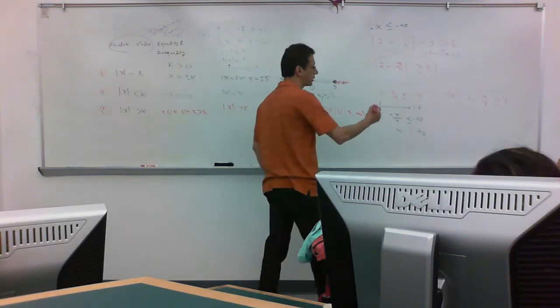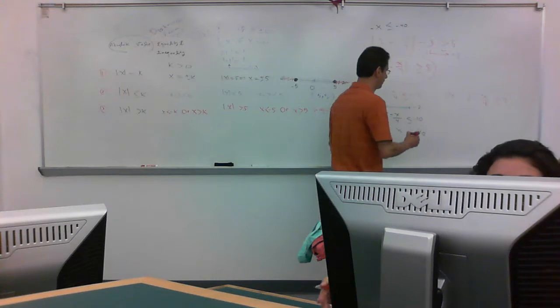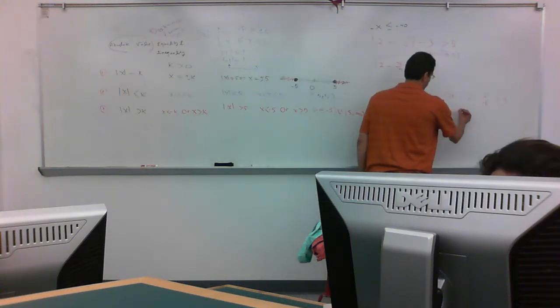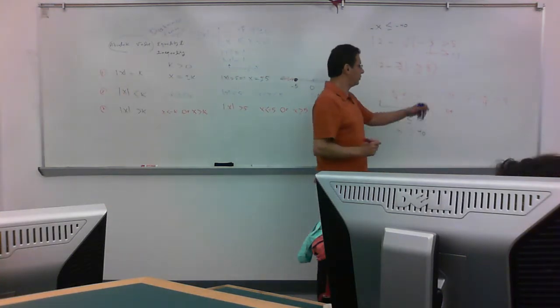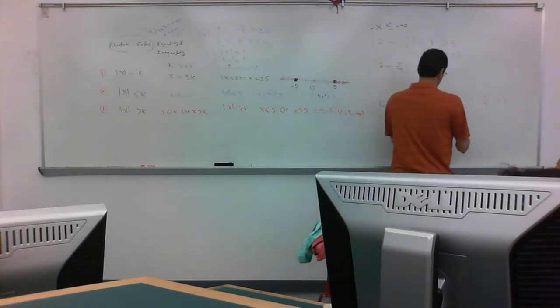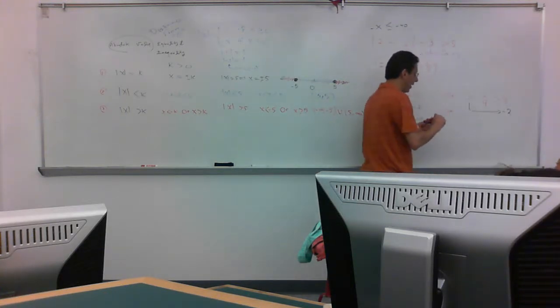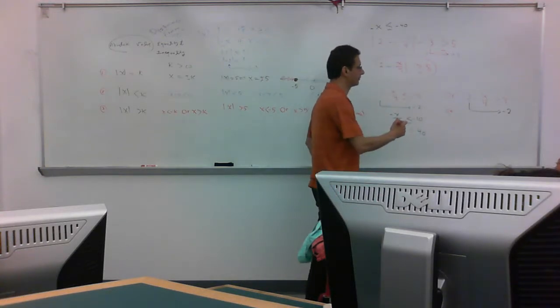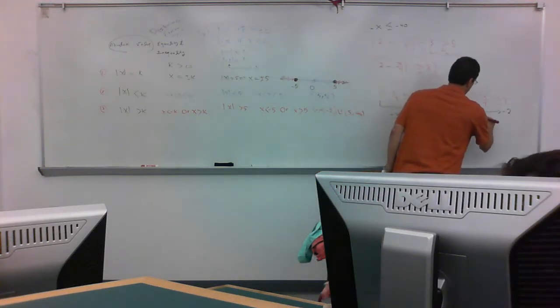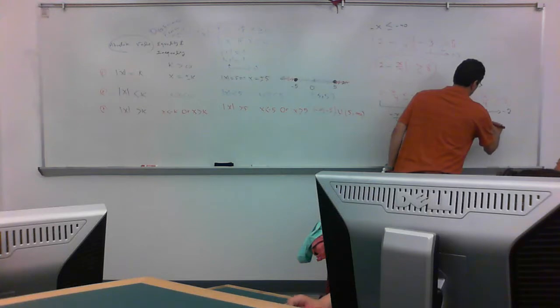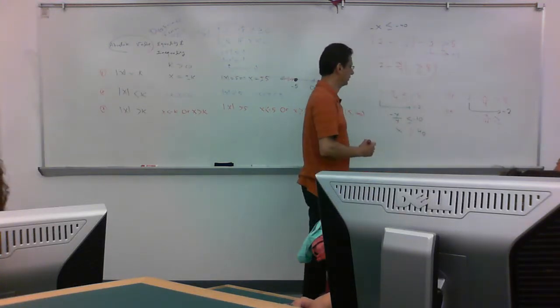Now let's go to this piece. Again, you move the 2, right? You move the 2, that means you subtract 2. What do you get? Negative x over 4 larger than or equal to what?